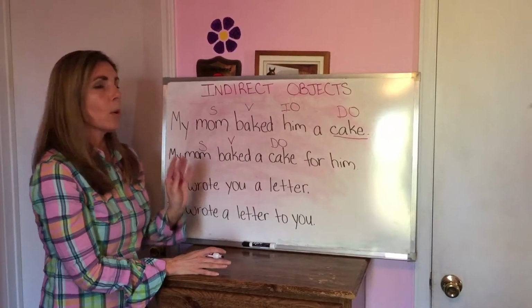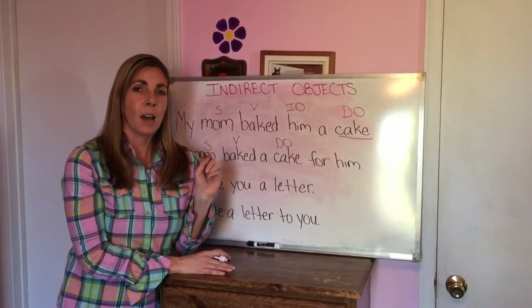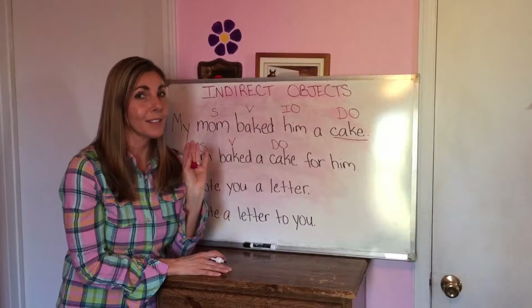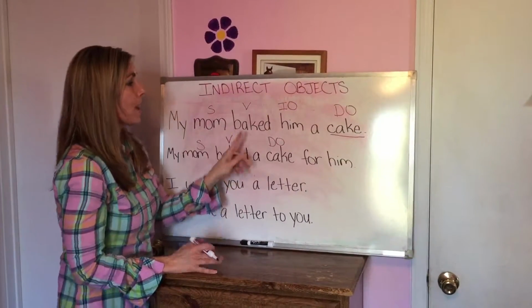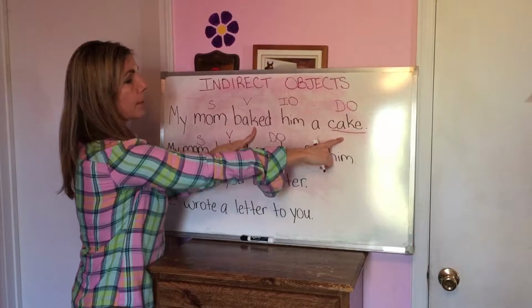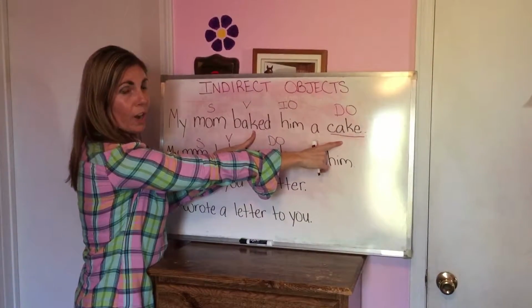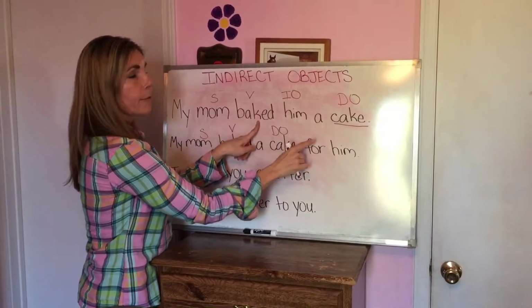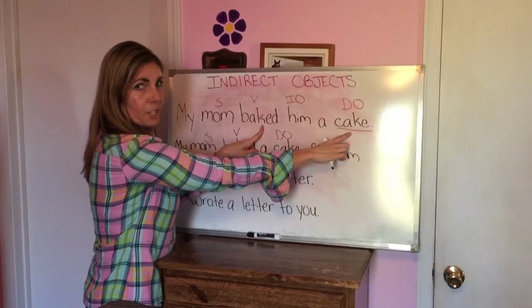No. The important thing to know about indirect objects is they are always, listen to what I'm saying, always between your verb and your direct object. This is where you will find your indirect object, always between the verb and the direct object.